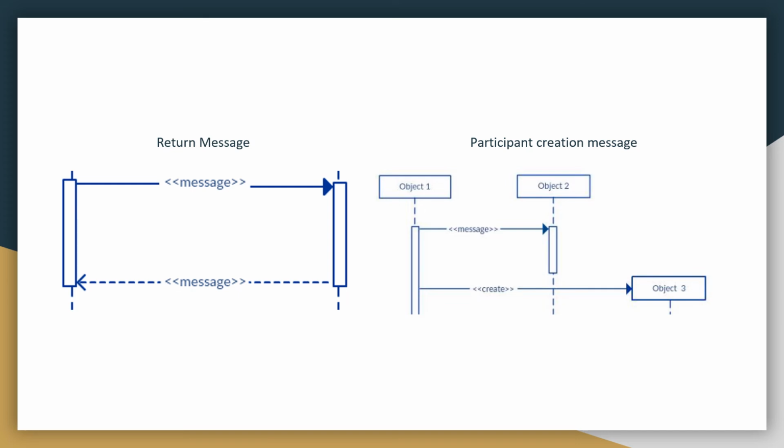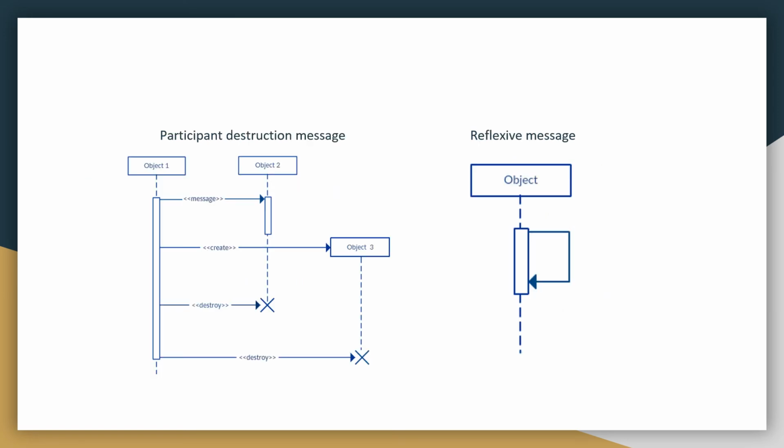The next one is the participant creation message. Objects do not necessarily live for the entire duration of a sequence of events, and the dropped participant box notation can be used when you need to show that a particular participant did not exist until the create call was sent.